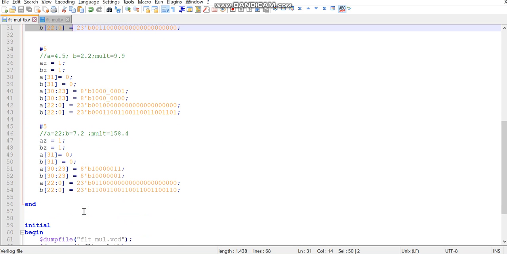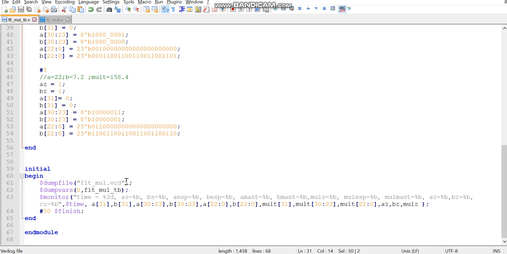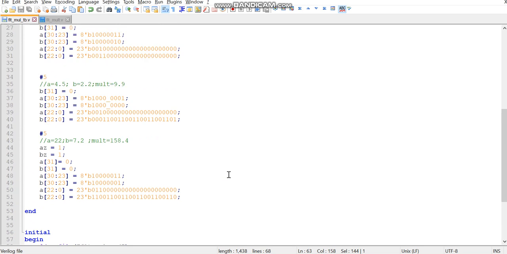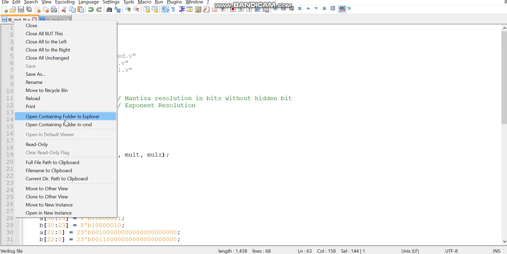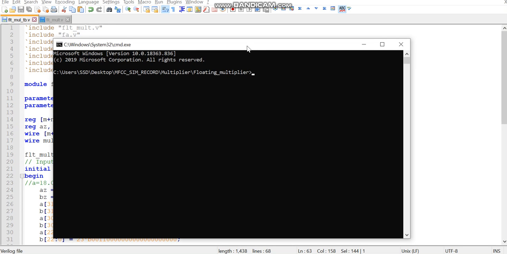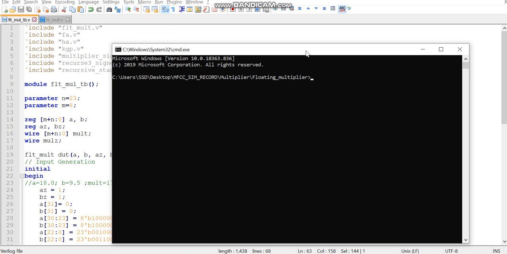So these are the different sort of inputs that were given in binary, and next we'll have the value change dump file, and we'll monitor the outputs, and finally we will look into the waveform. So now let us simulate this test bench. For that we'll go into the same folder where this test bench is located.